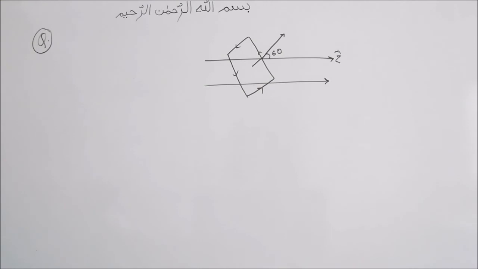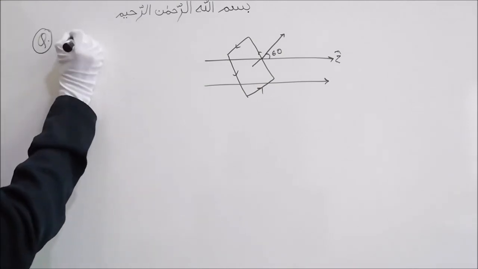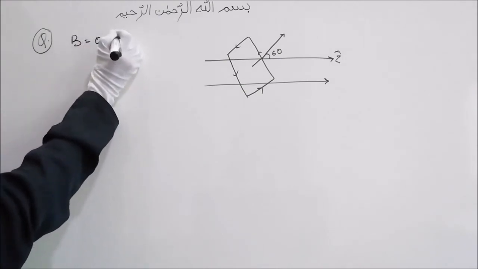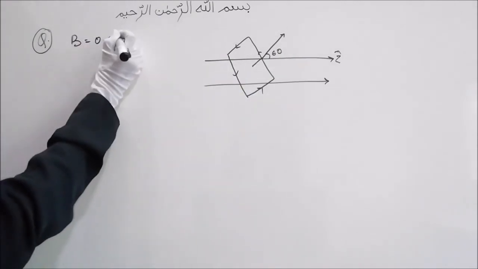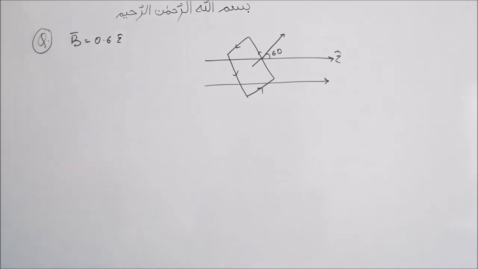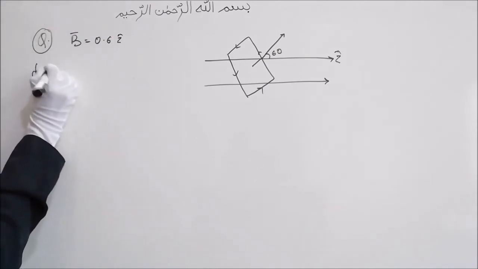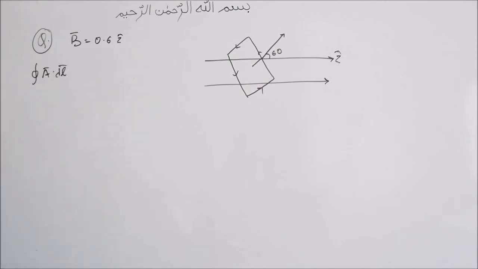The next question is: in a constant magnetic field of 0.6 Tesla in the z direction, we have to find the value of the path integral A bar dot dl bar, in units of Tesla meter squared, on a square loop.